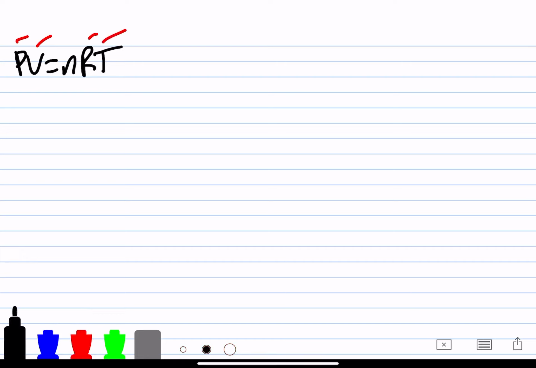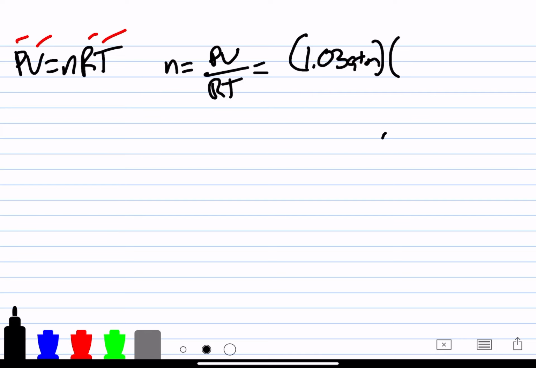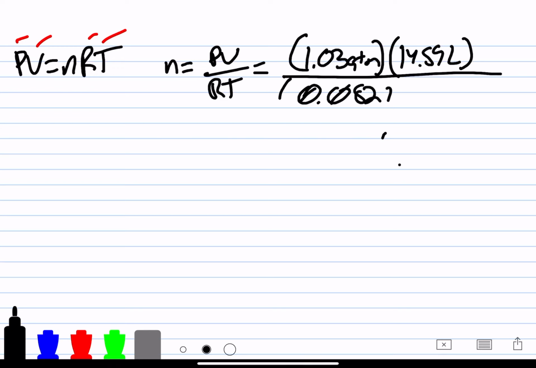So once again, just like last time, we have n is equal to PV over RT, which is equal to the pressure is 1.03 atmospheres times 14.5 liters over R, which is 0.0821, times, and now we got 265 degrees Celsius.